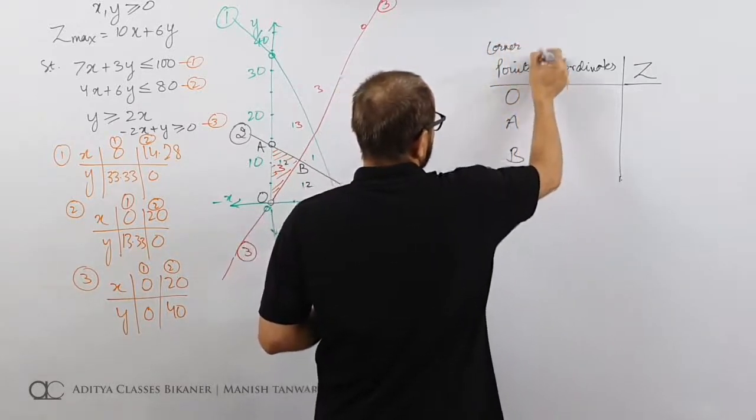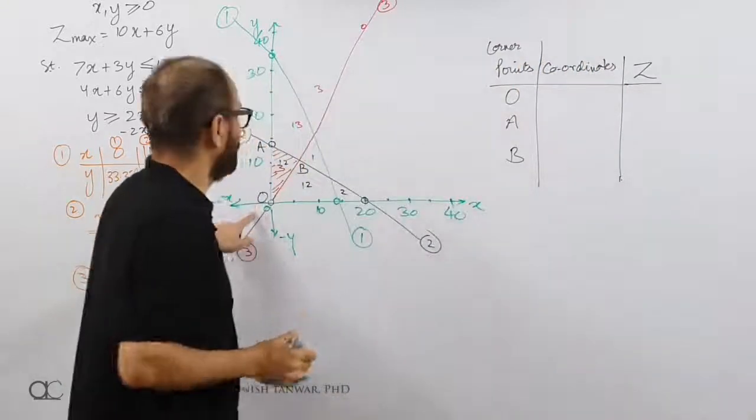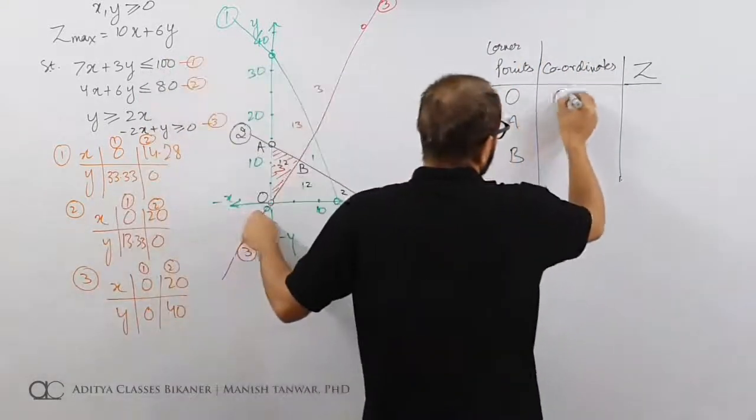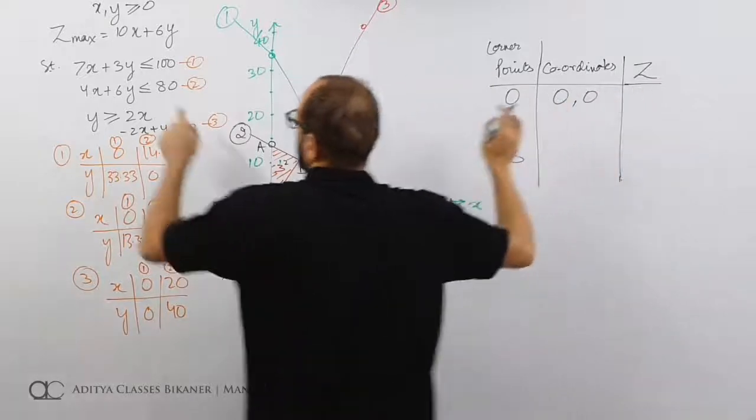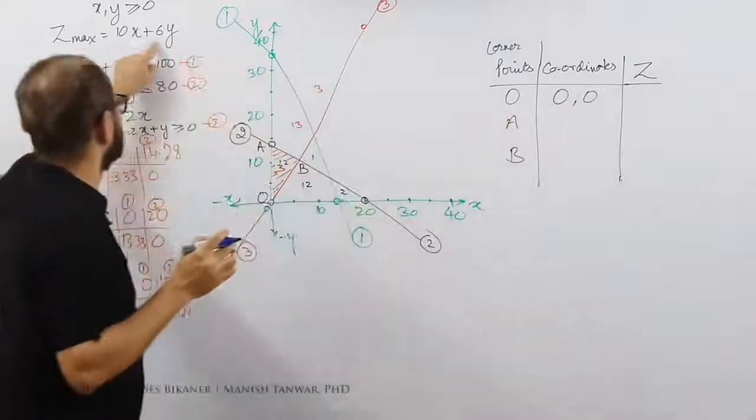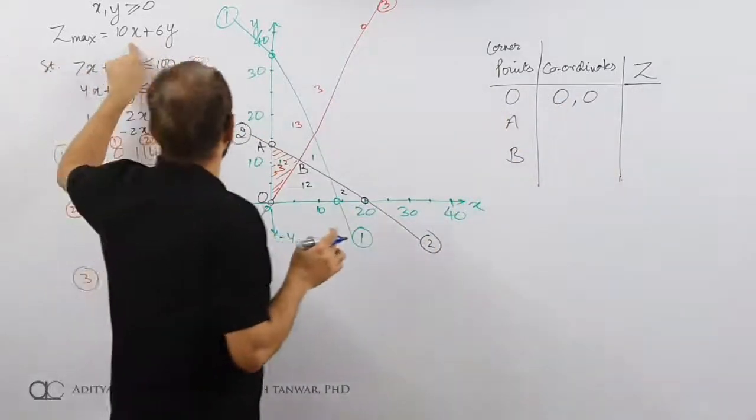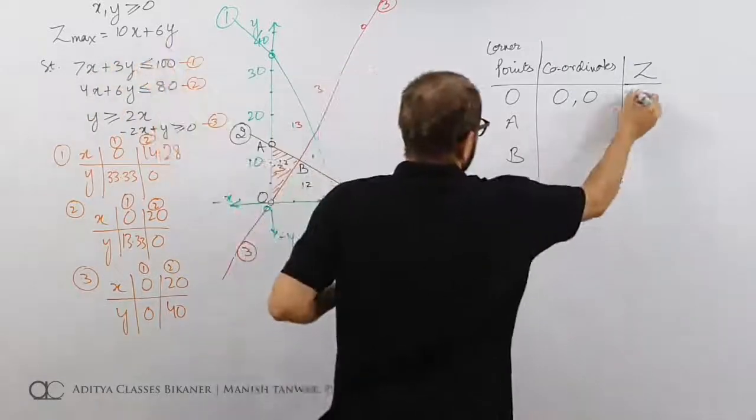Corner points. For O, the corner point is 0, 0, and if I put 0, 0 in this, Z becomes 10 into 0 plus 6 into 0.